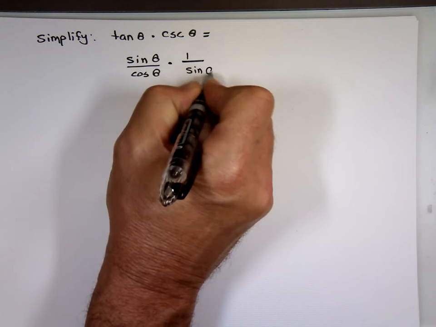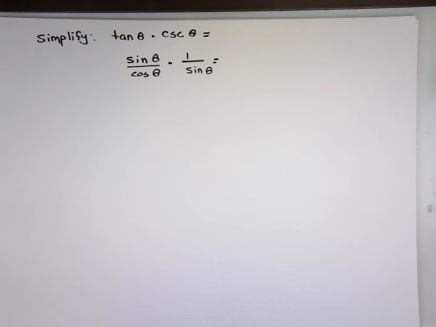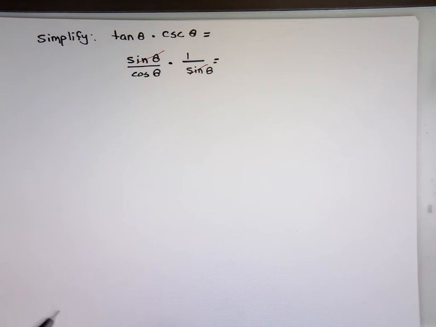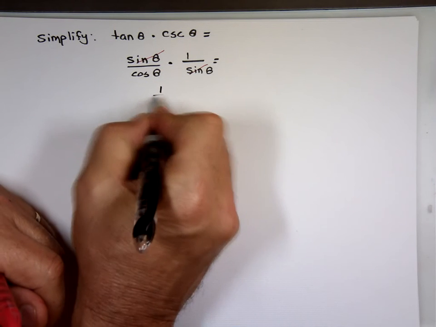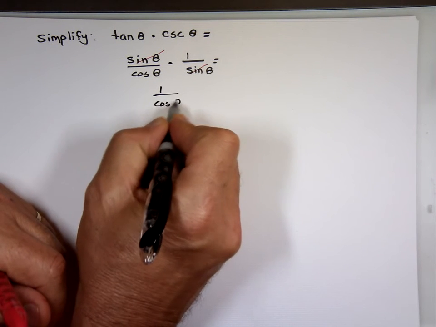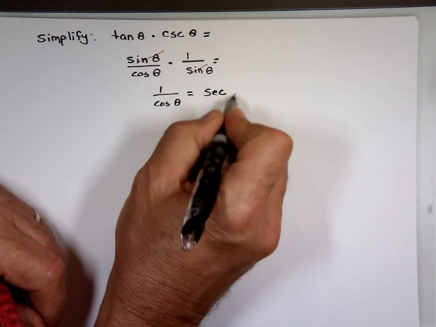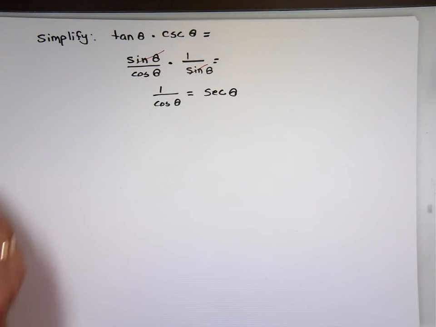Can you cancel anything? So what's left? 1 over cosine. And what's 1 over cosine? Secant theta. So this is equal to secant theta. That's what you're going to be given for homework, except we make them a little bit bigger.